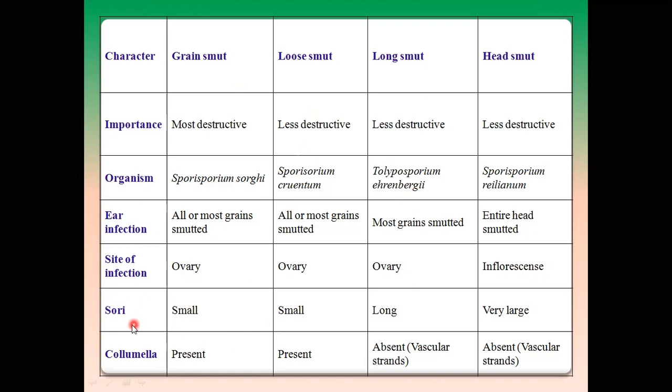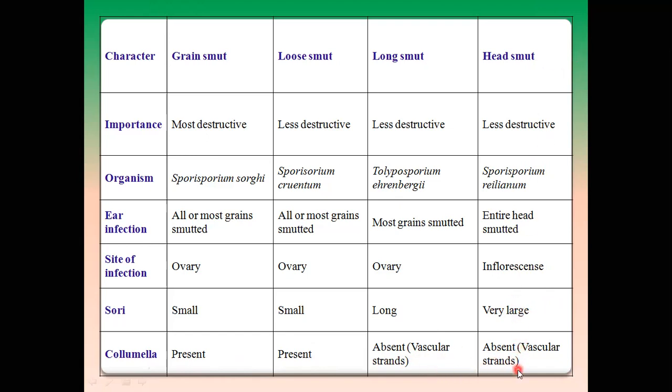Then regarding the size of the sori, generally small sori are seen in grain smut and long smut, but long sori are generally seen in loose smut, and very large sori are seen in head smut. Then columella: the columella is present in infected grain in grain smut and long smut, but absent in loose smut and head smut.